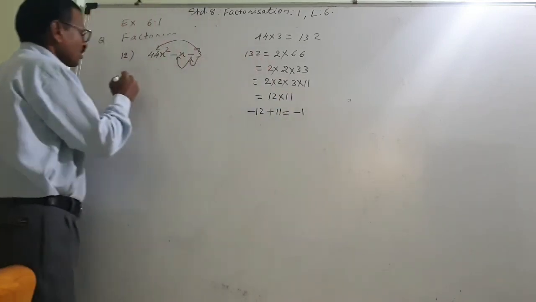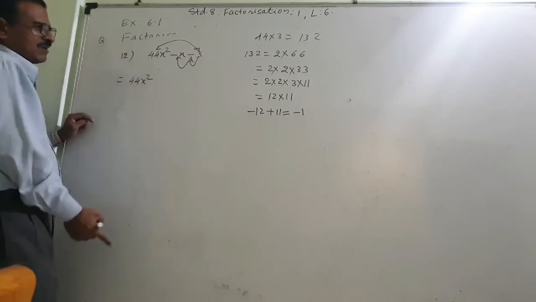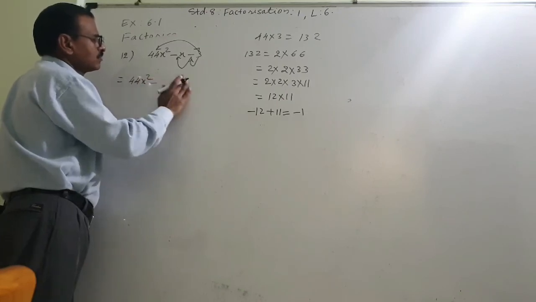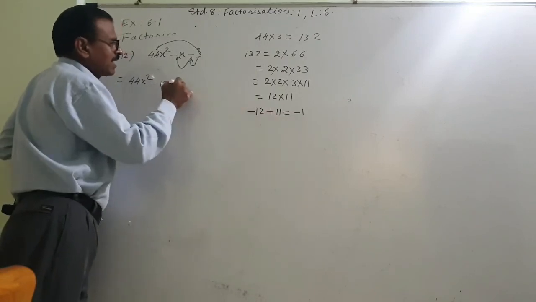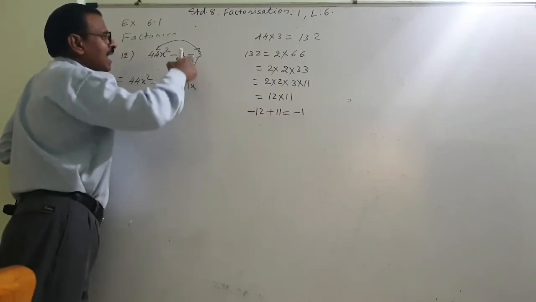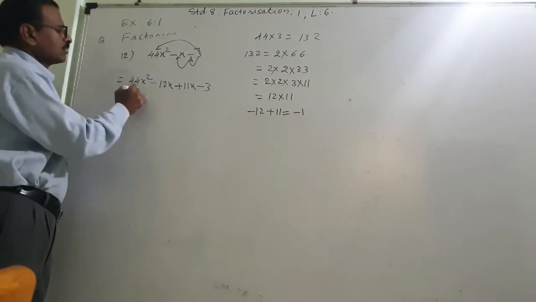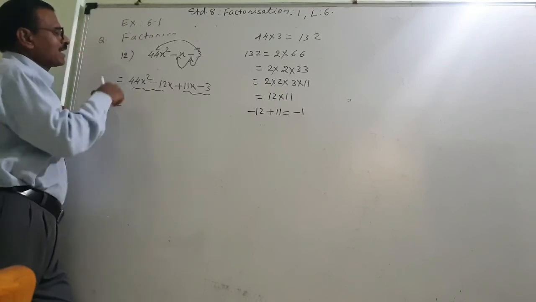Over. That is equal to, now 44x square minus 12x plus 11x and last number minus 3. So these are the two groups. That is equal to, by what can I divide this?